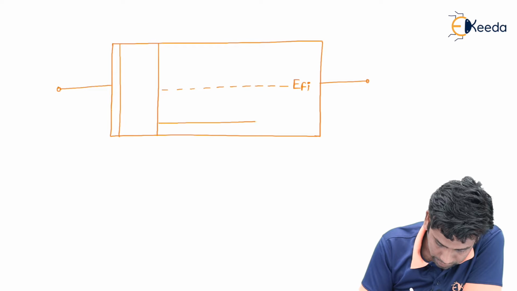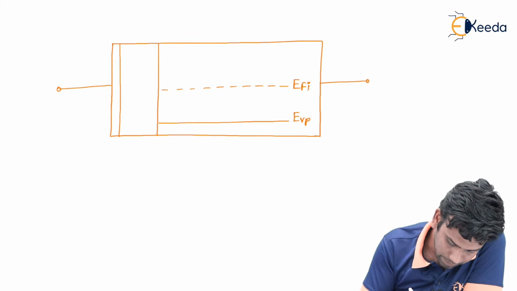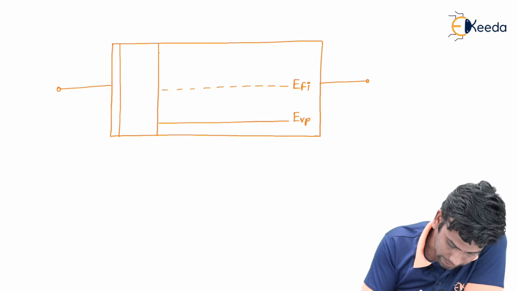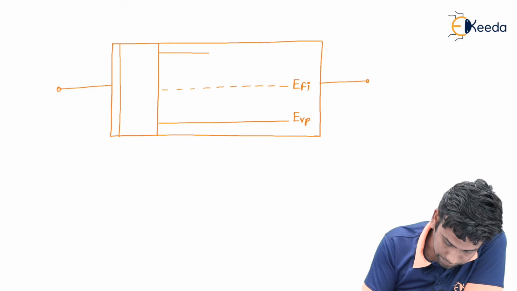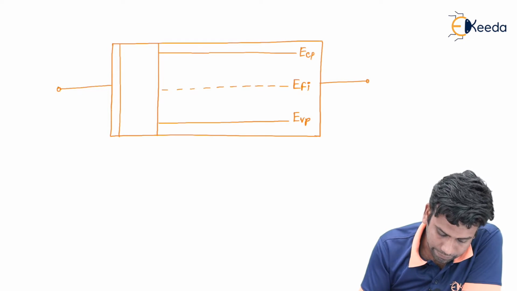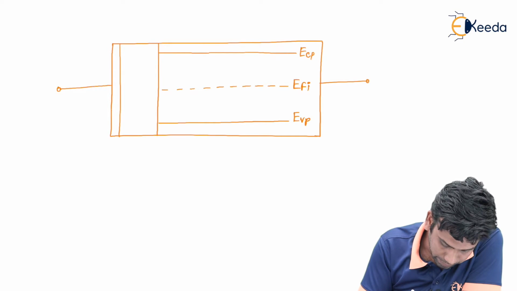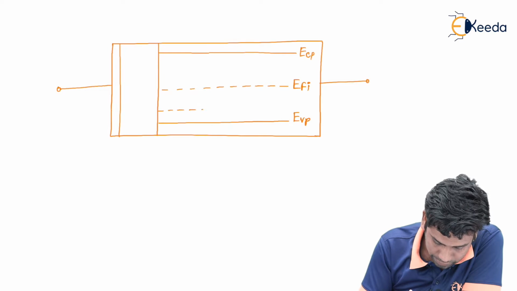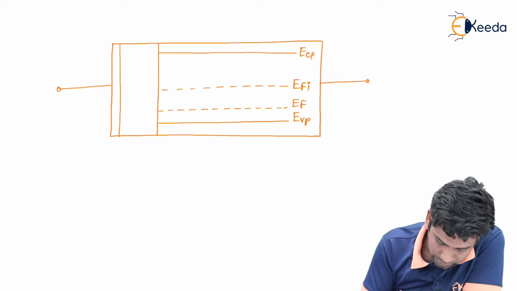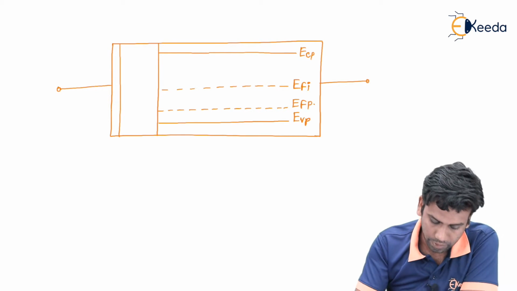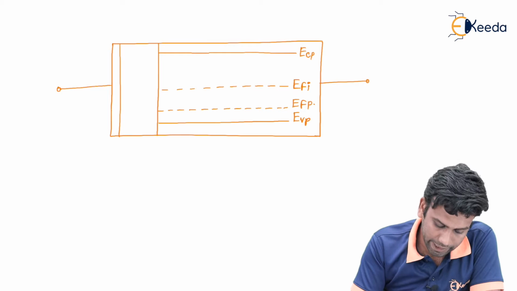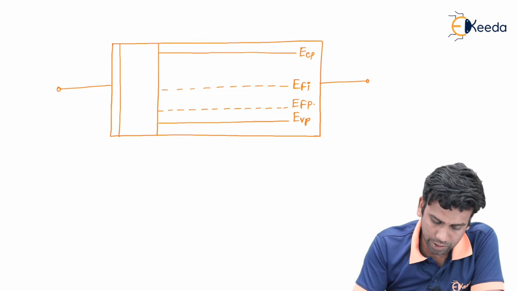So this is the valence band of the p-type, and at the same distance from the EFI we will have the conduction band of p-type, and the Fermi level of the p-type will be near to the valence band. So this is the EFP.